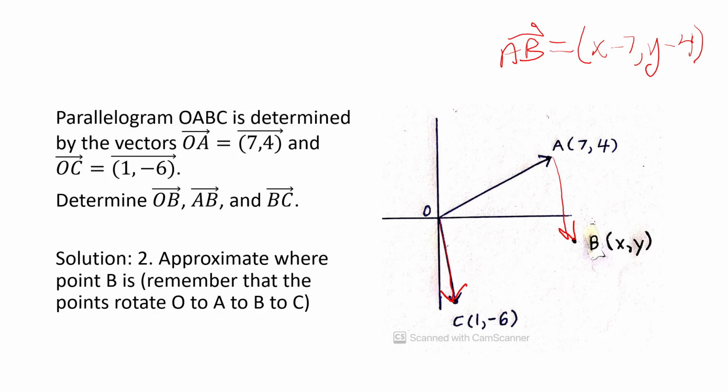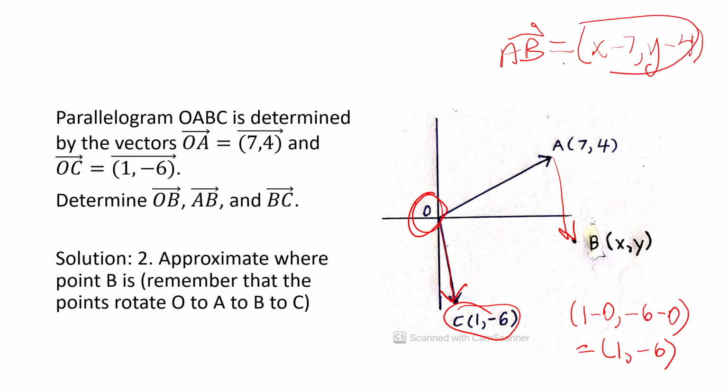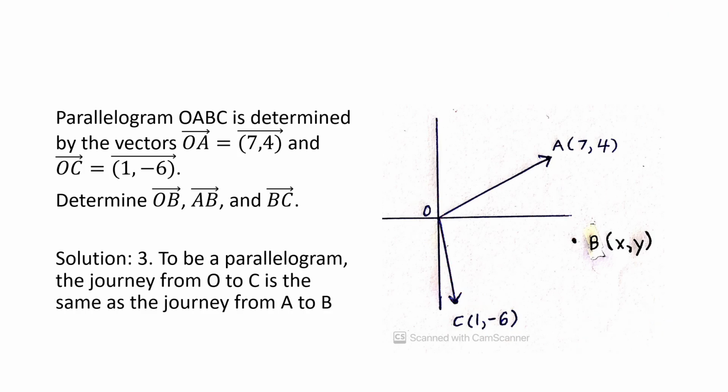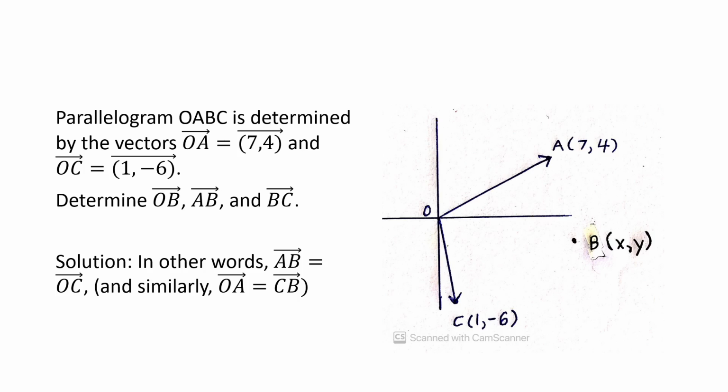Well, the vector that goes from 0, 0 to 1, negative 6 will be equal to the vector 1, negative 6. So, in other words, we're saying x minus 7, y minus 4 must equal 1, negative 6. And from there, it's going to be pretty easy for us to determine what our x and y values are. So just to show it perhaps a little bit more neatly, this is what it says here, the vector AB must be equal to the vector OC.